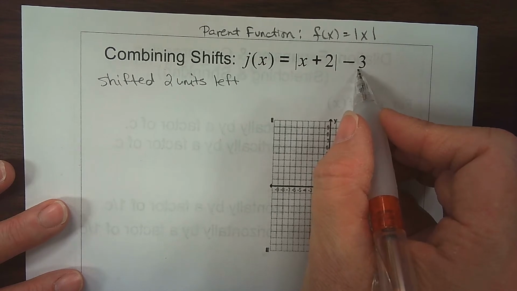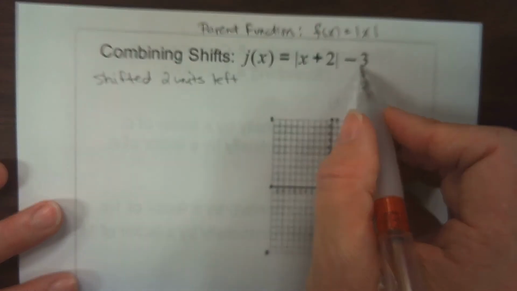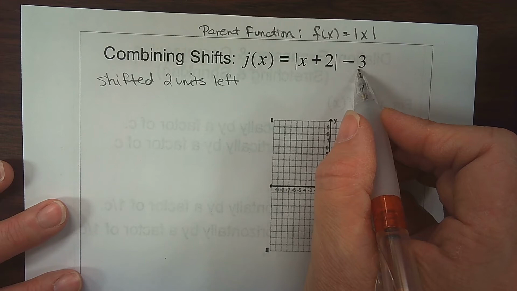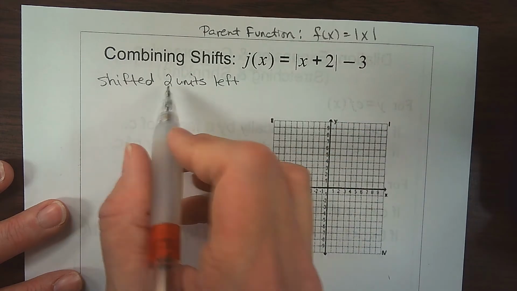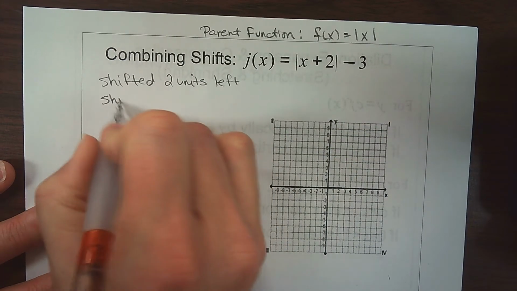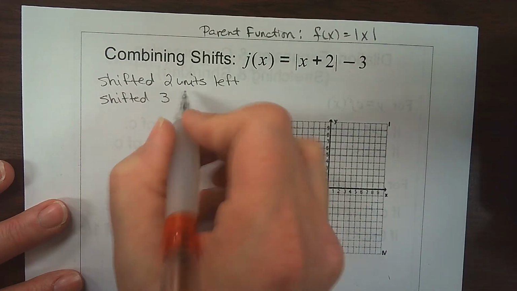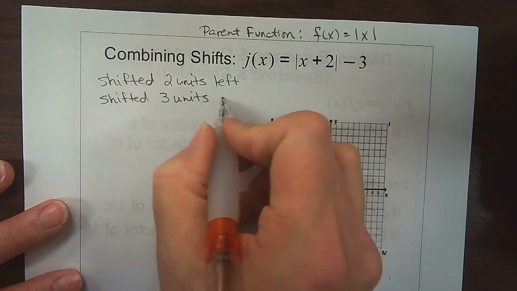Our vertical shift happens just as we would think it would. Positive goes up, negative goes down. So it's going to be shifted 2 units left, and it's going to be shifted 3 units down.